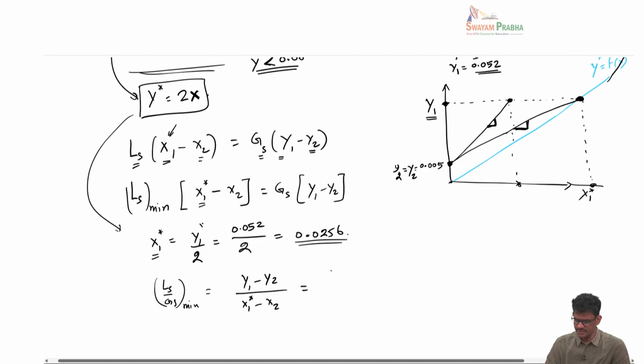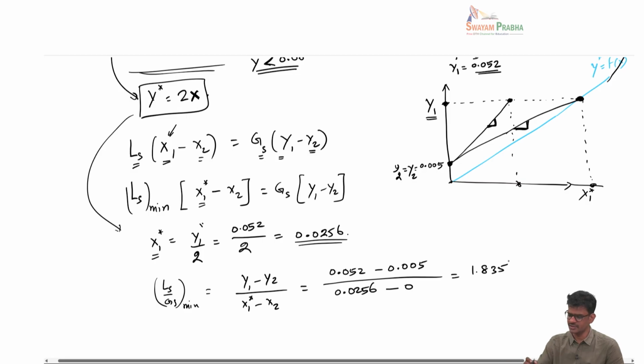So y1 is 0.052, y2 is 0.005, x1 star is 0.0256, and x2 is 0. So from here you can find the minimum liquid to gas flow rate, which is 1.835. So that is this slope.